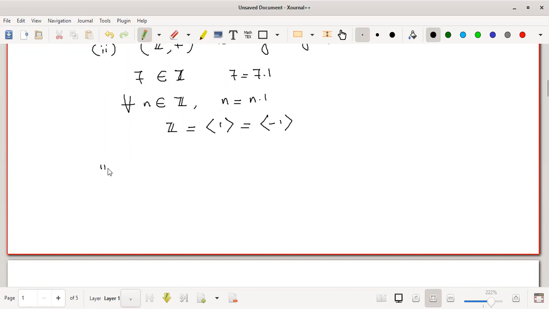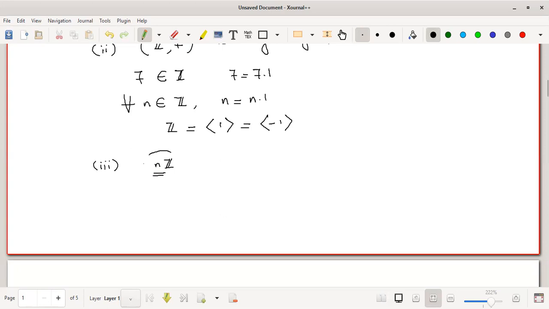What are the subgroups of Z we know? We have proved in a previous lecture that the only possible subgroups of Z are of the form nZ, so multiples of n. These are the only subgroups of Z. And these subgroups are also cyclic. Here n is the generator.